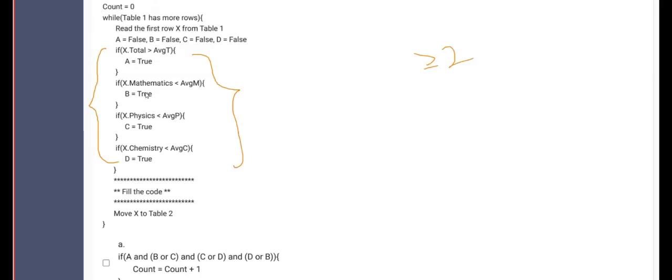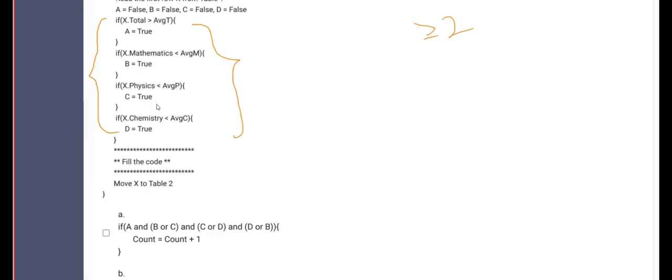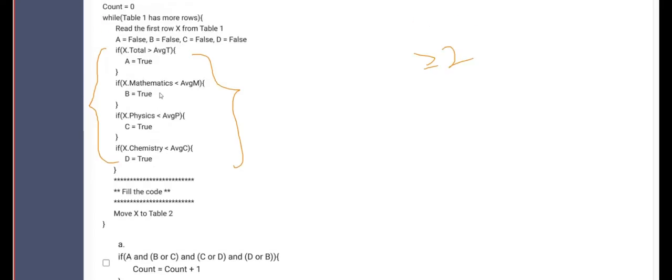If it is true, then B or C. In any other, that is, if he scored in at least 2. So B or C, in the sense we are checking for mathematics and physics. If either of them is true, then this will be true.